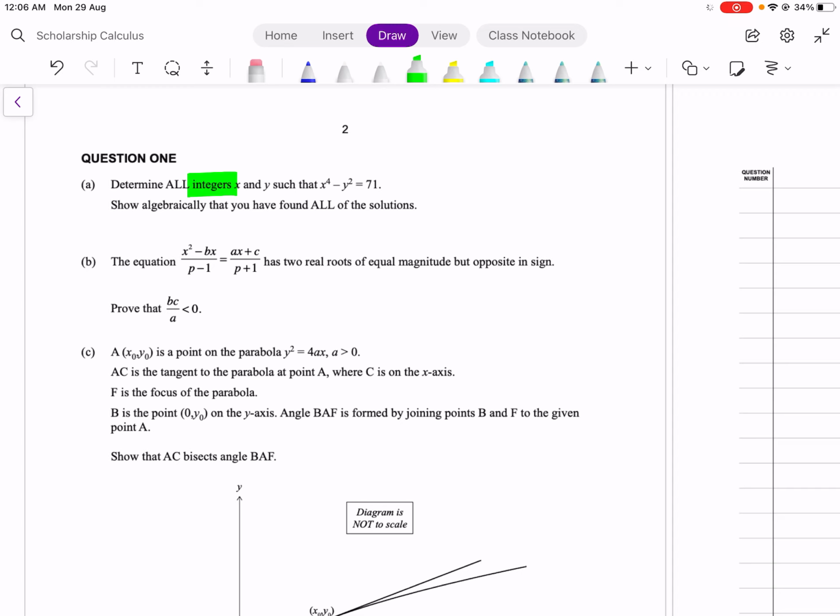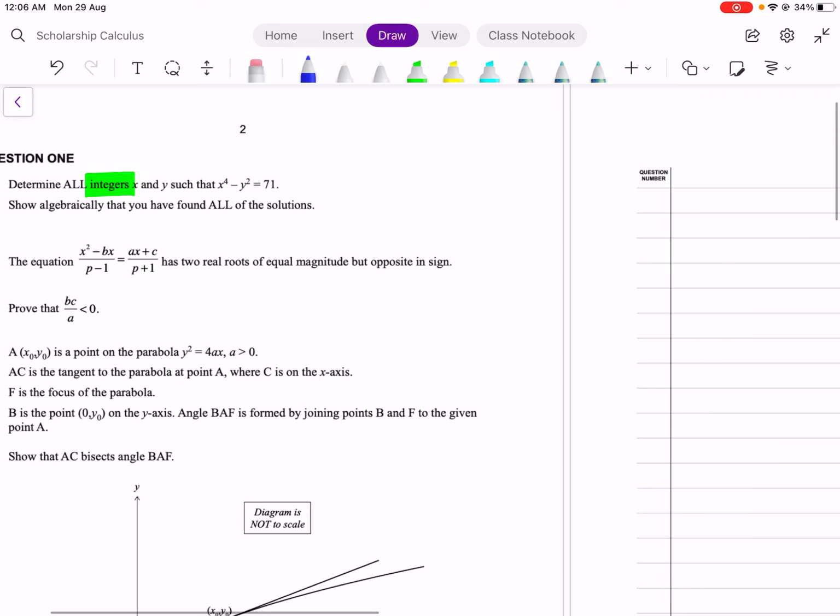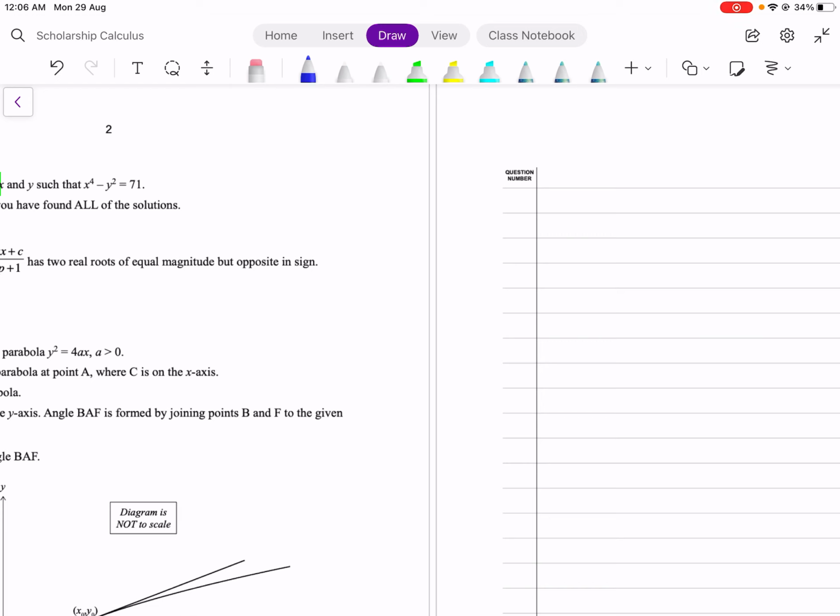They're integers. Okay, so if we look at that problem, we recognise the difference of two squares, and we also need to recognise that 71 is prime. So this factors.